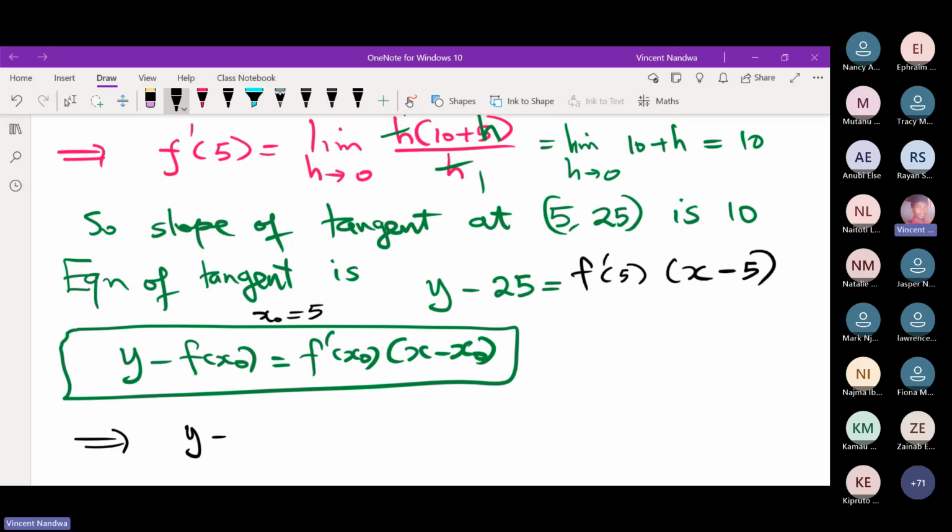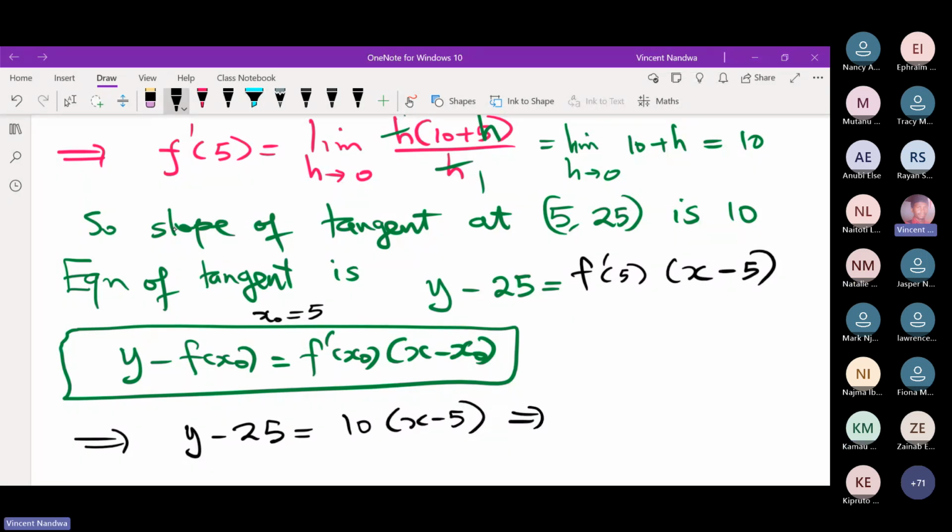So we'll have y minus 25 equals 10 into x minus 5.